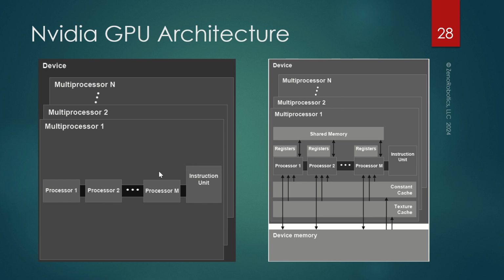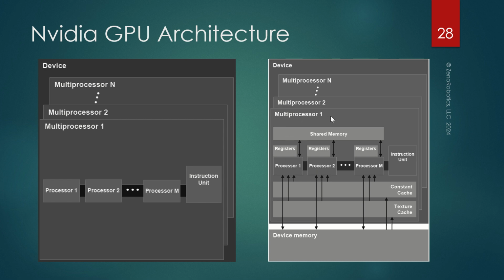But anyway, in a device, which is your GPU, you have what's shown here as a multiprocessor. So you have N of them, but they're typically called streaming multiprocessors, or SMs. And per streaming multiprocessor, you will have multiple streaming processors.